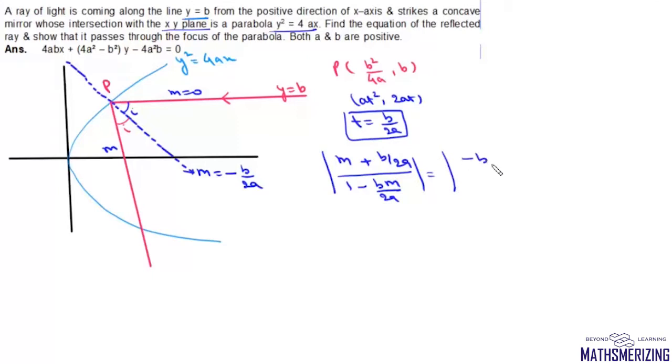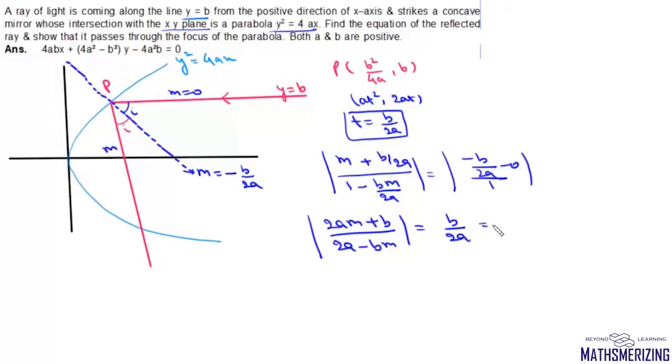So it will be minus b upon 2a minus 0 upon 1. So we can write this equation as (2am plus b) upon (2a minus bm) equals plus or minus b upon 2a. Now we can take the plus sign as well as the minus sign.